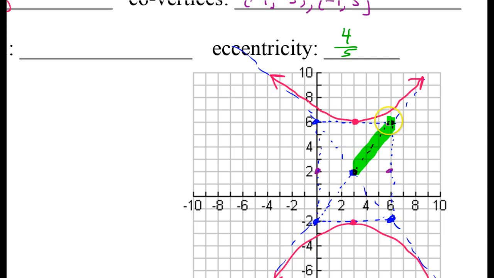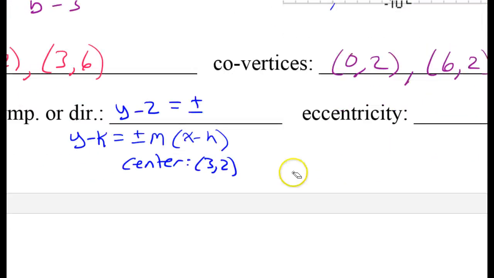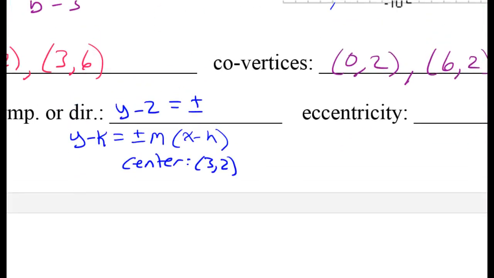What's the rise and what's the run? It seems to me that it is going up 4 and over 3. So 4 over 3, that's the slope. So that's why I'm going to put plus or minus 4 over 3. And then I need x minus h. So I'm going to use the x coordinate, and I'll say x minus 3. There is the equation of the asymptotes.